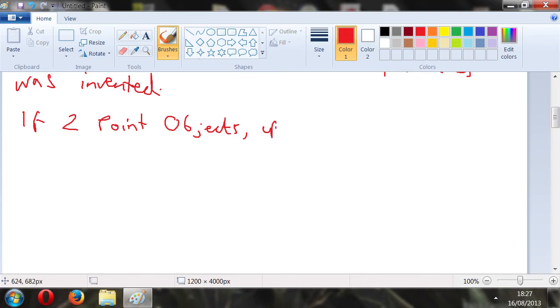Obviously it's important to measure this. Measurement was calculated using currents and stuff like this.